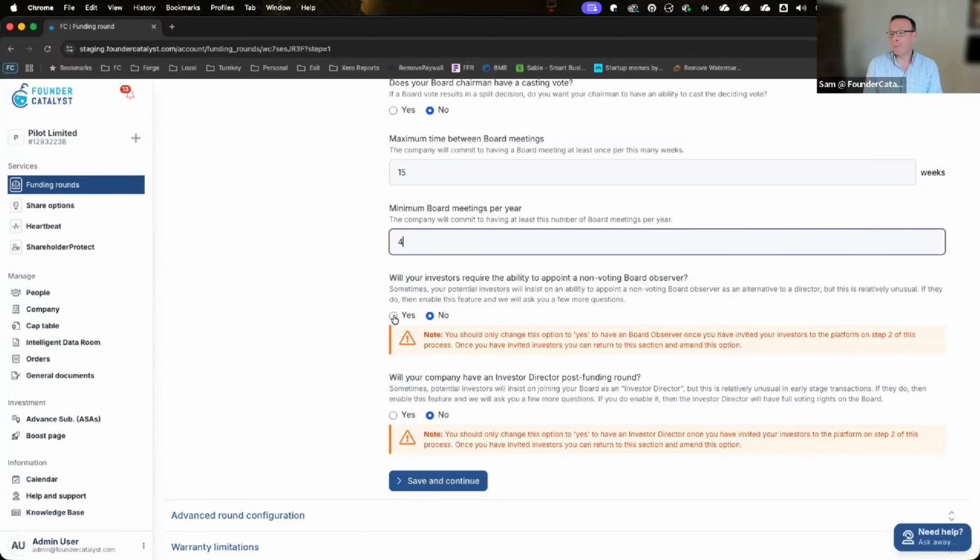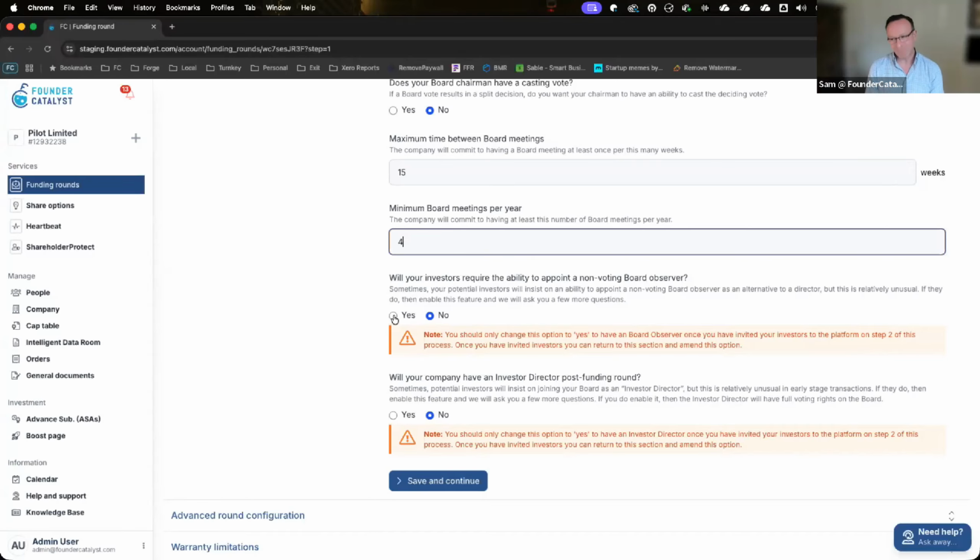The next item is around an investor director, and this is like a board observer, but the person does get to vote. So if there are four founders and one investor director, you effectively have five people voting at every board meeting, and that investor director will participate in each of those votes. The reason why lots of groups don't like investor directors is it puts quite a weight on the shoulders of that investor director.